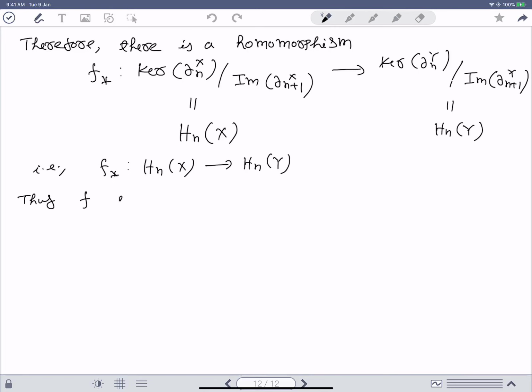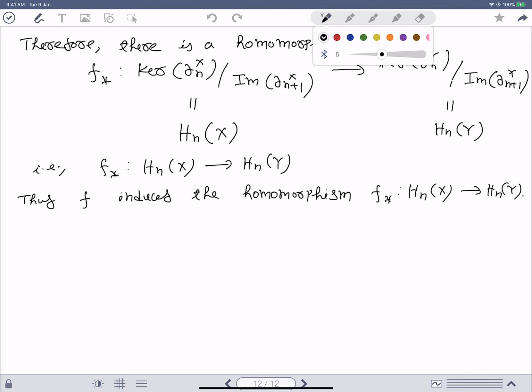Thus f induces the homomorphism f star, Hn x to Hn y. Okay. Now by the construction it is easy to verify the following. You can just check that.